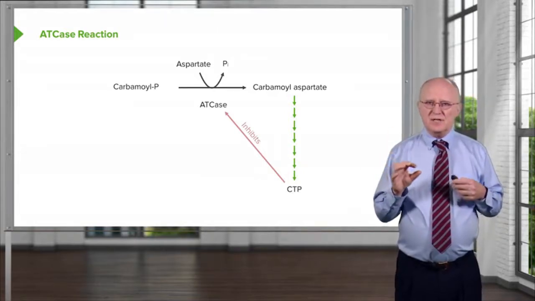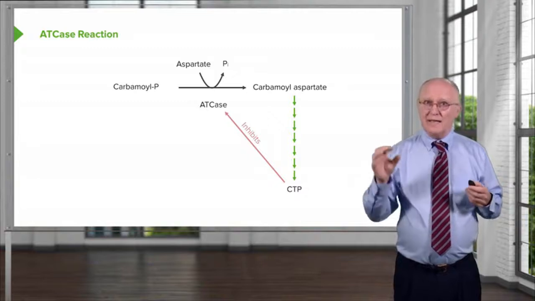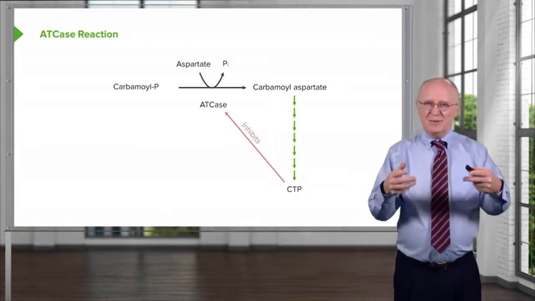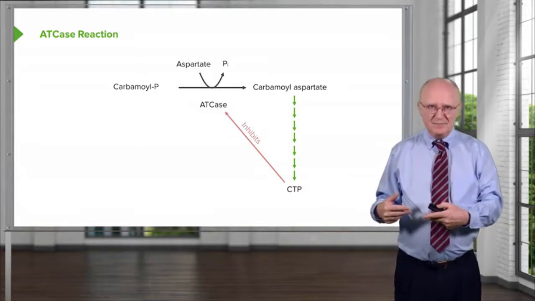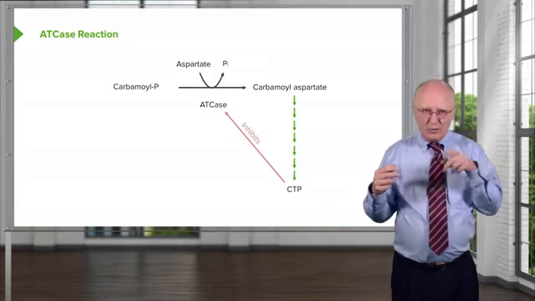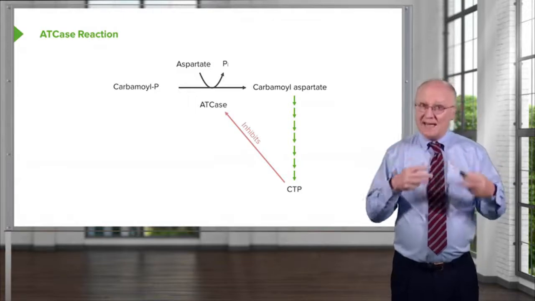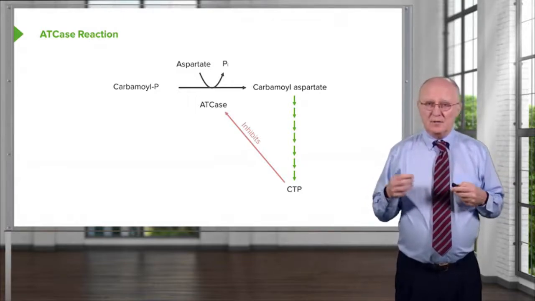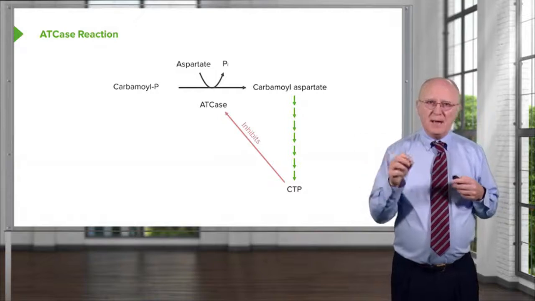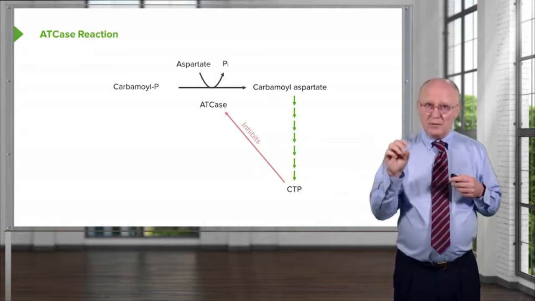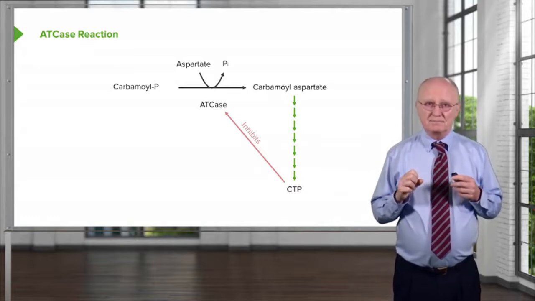This feedback inhibition is important for controlling how many pyrimidine nucleotides are made. So, for example, if we have too much CTP, we don't want the enzyme cranking out more pyrimidine nucleotides so that we make more. It would be a waste of energy and it would be an imbalance. So by having CTP feedback and inhibit the enzyme, we see one control that is helping the cell to balance the appropriate amount of pyrimidine nucleotides to make.